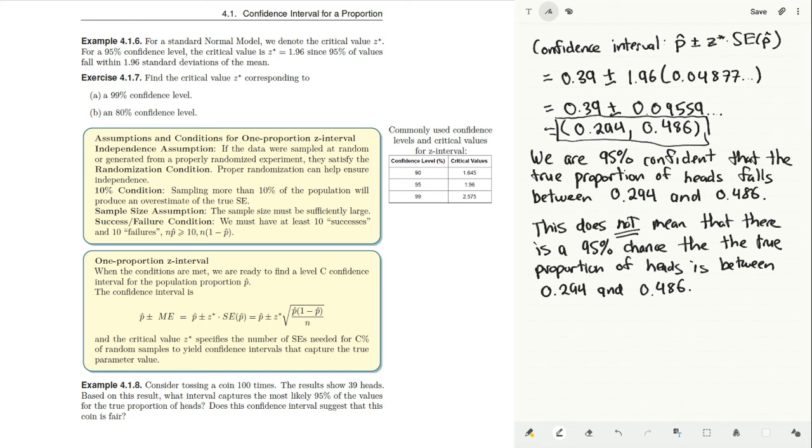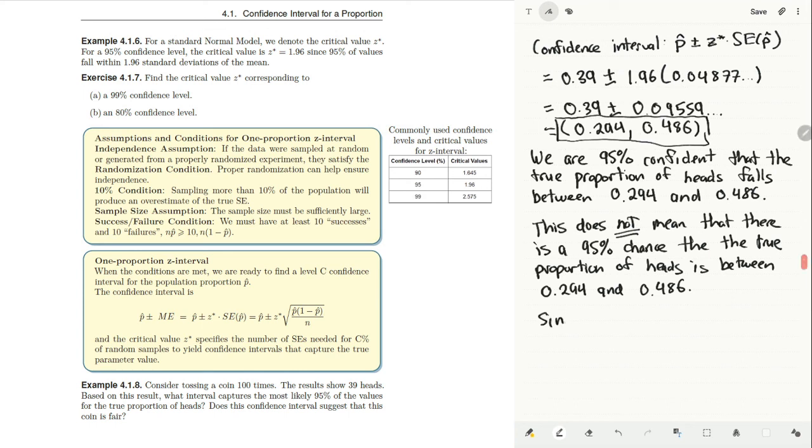Now, does our confidence interval suggest that this coin is fair? Well, if the coin was fair, then the true proportion of heads would be equal to 0.5. But notice that 0.5 does not fall within our confidence interval.